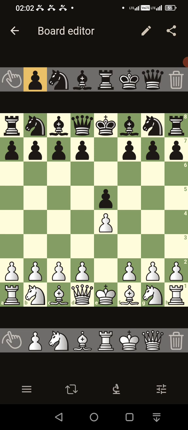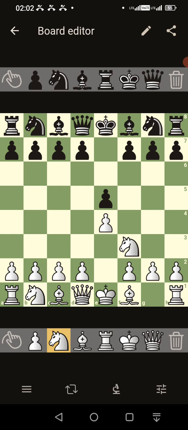That's e5 for black. And let's say the next move from white is N f3. N tells us that the knight is moving to the square f3. We look for the square where the letter F and the number 3 meet. So this knight is going to move from that square to that square. That's knight F3. So N F3.